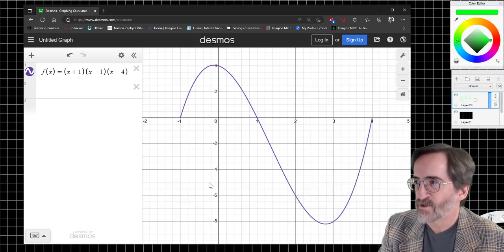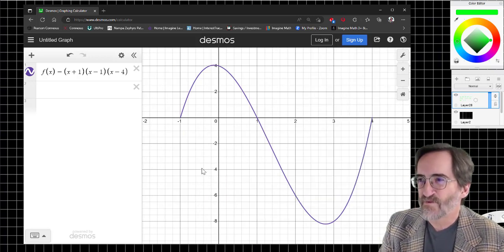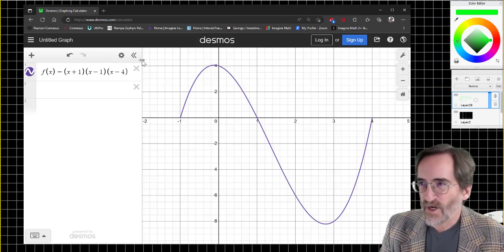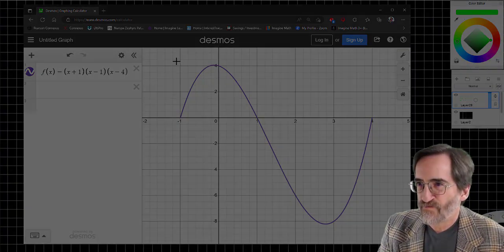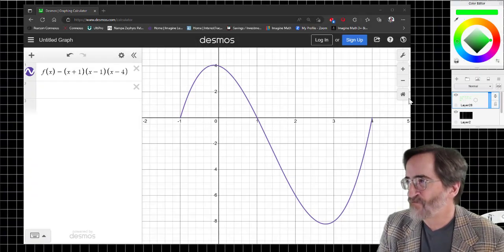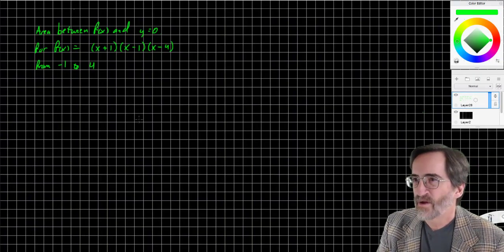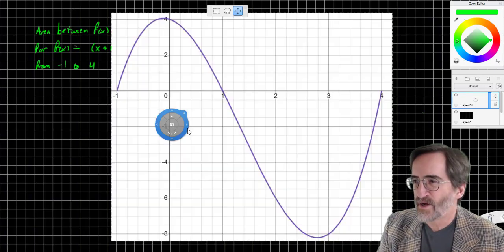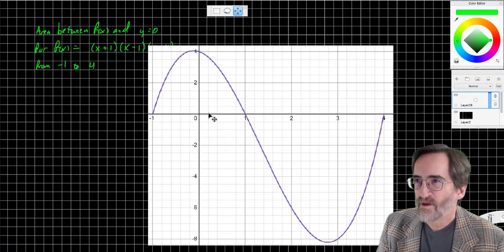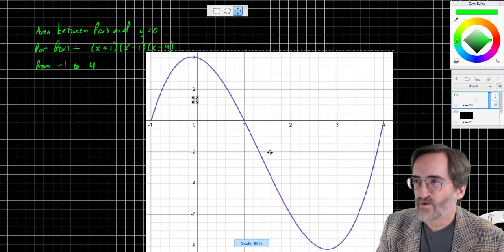That's a good picture. Kind of helps to frame it. All right, and now I'm going to just grab a screenshot, and we're going to work with the screenshot. So here's a screenshot of our graph.